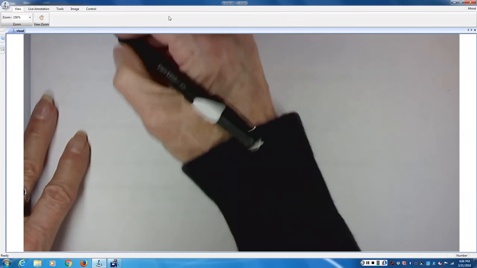Now to kind of give you the idea of what we're doing here, let you follow along with me. Suppose I have two dice.